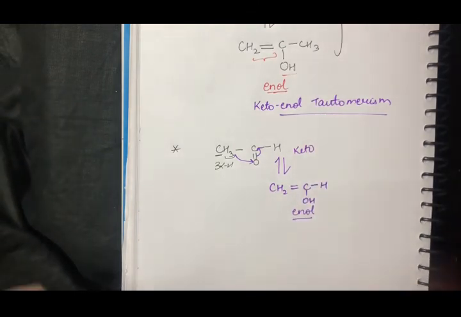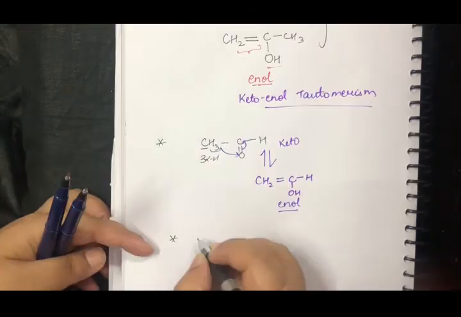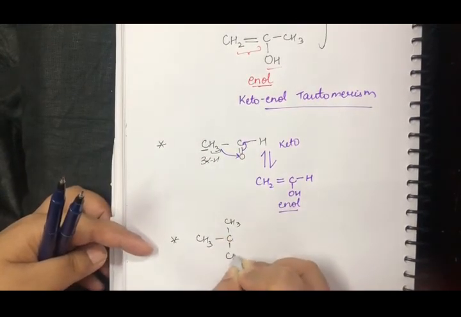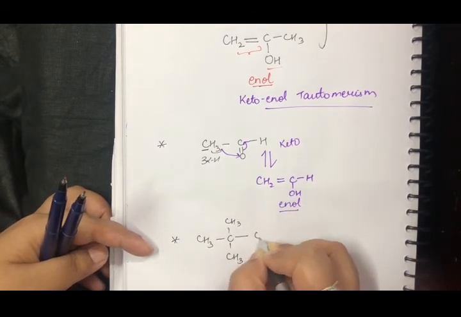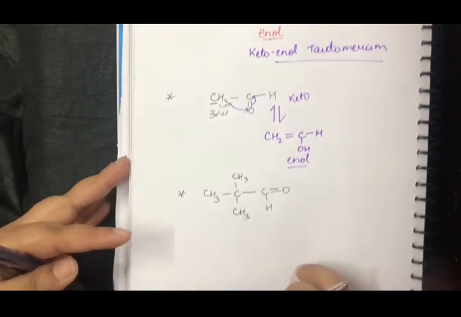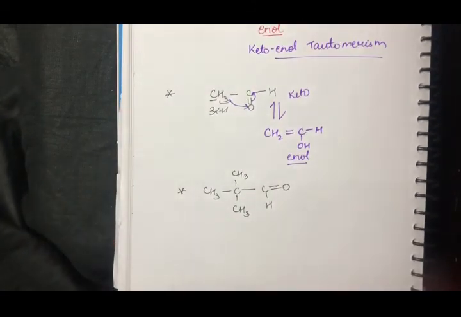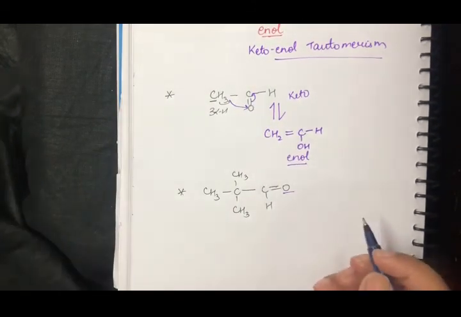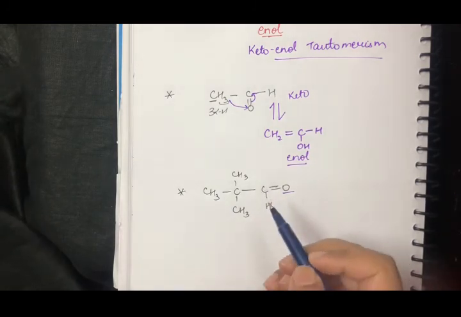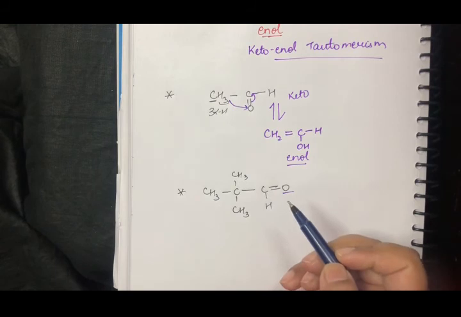Now let's look at one more structure. I will make a compound like this. Let's talk about the very first condition. Do I have an electronegative atom? Yes, I do have an electronegative atom which is doubly bonded to this carbon. What is the second condition that I need to satisfy?